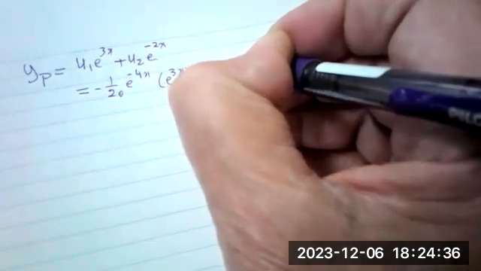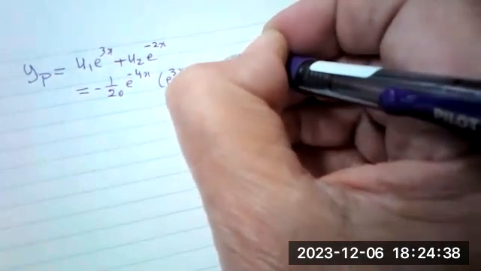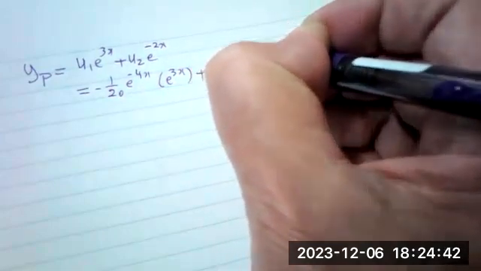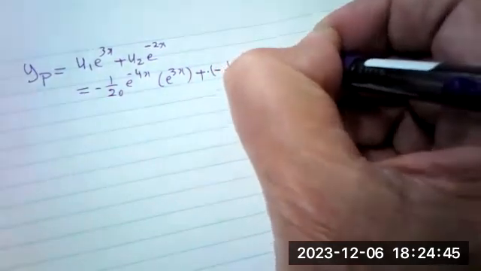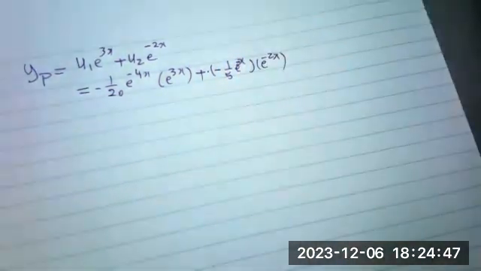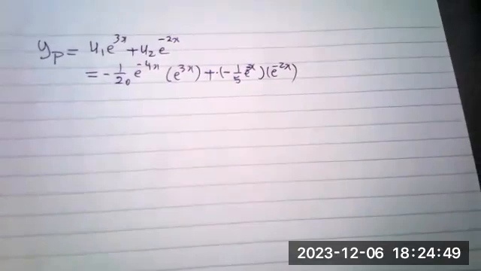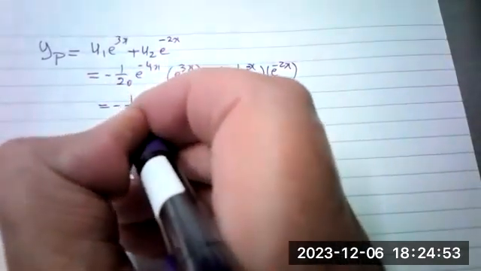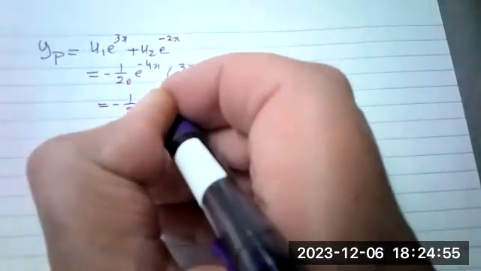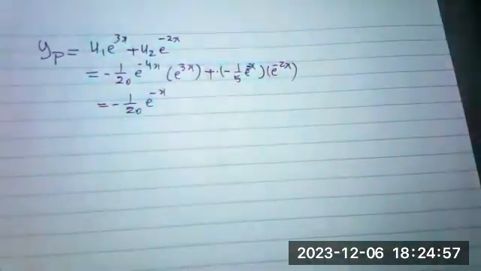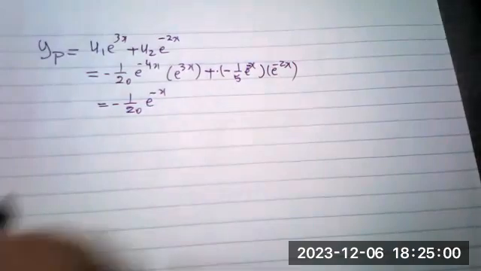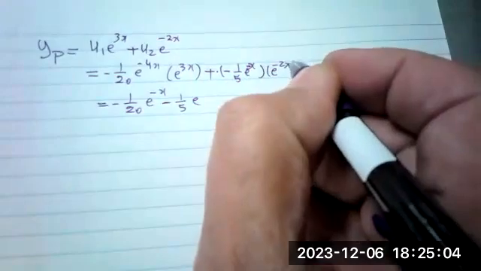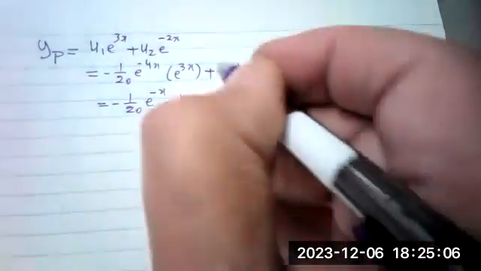Negative 1/5, yeah? Is it e to the negative x or e to the x? e to the x. Times e to the negative 2x. Okay, you simplify it. So that gives negative 1 over 20 e to the negative x, because negative 4x plus 3x, minus 1/5 e to the negative x.